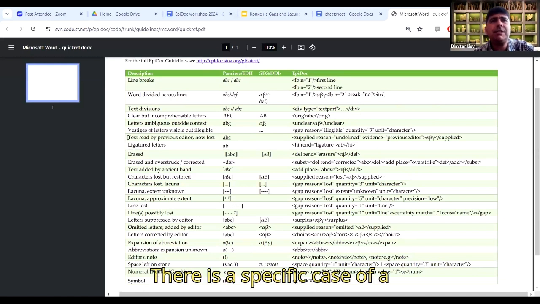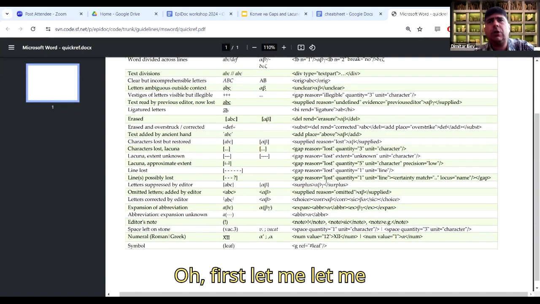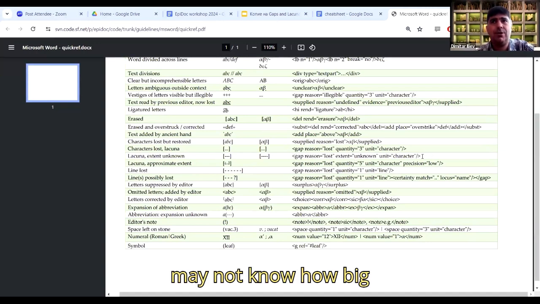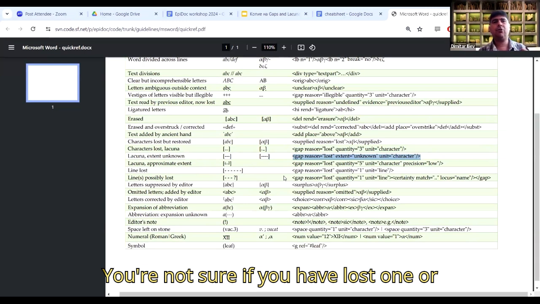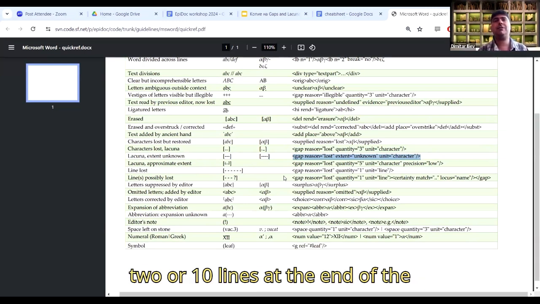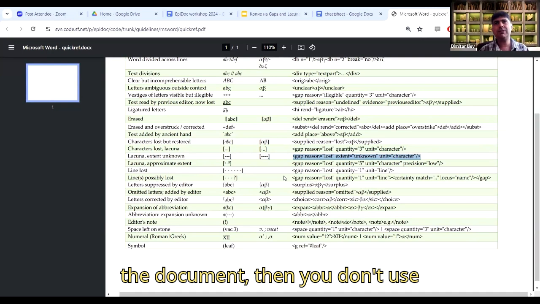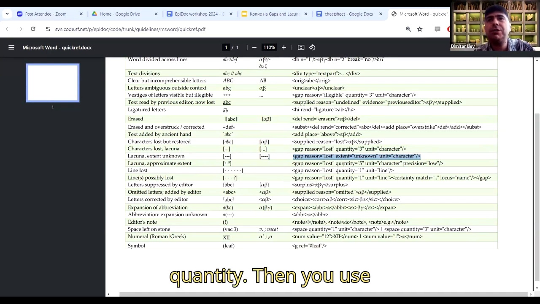There is the specific case of a text which was lost. First, let me also specify that you may not know how big exactly your lacuna is. You're not sure if you have lost 1 or 2 or 10 lines at the end of the document. Then you don't use quantity, you use extent.